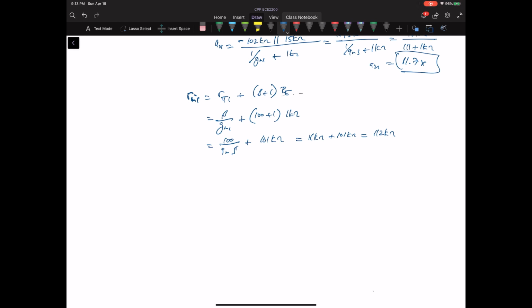Now our input looks like a 10 k ohm going into a 112 k ohm.